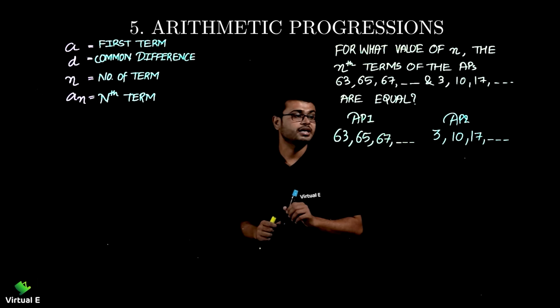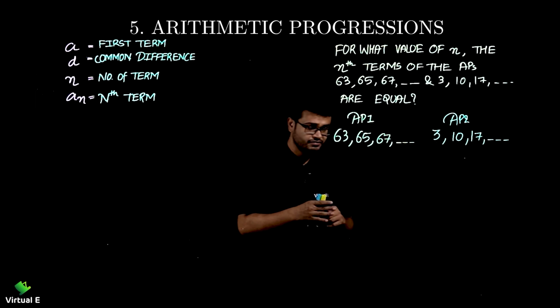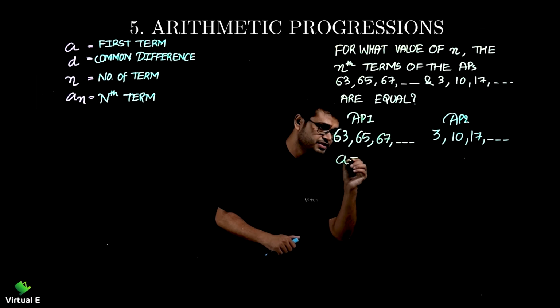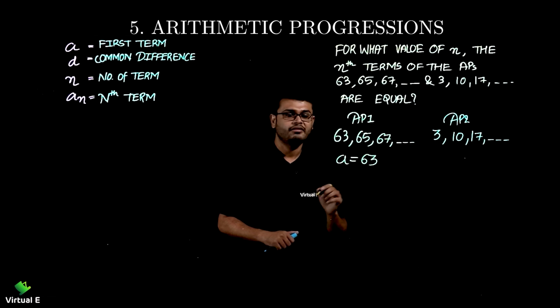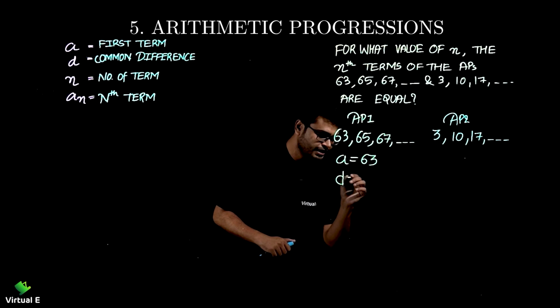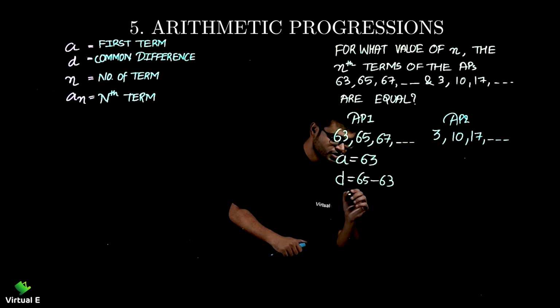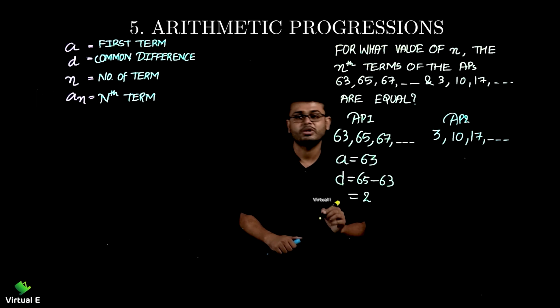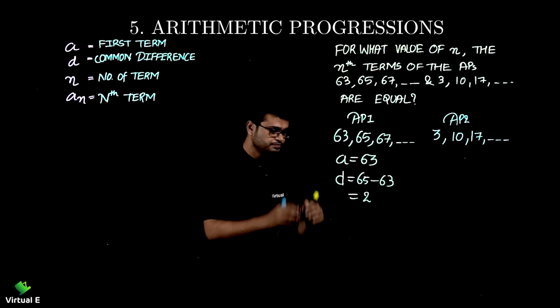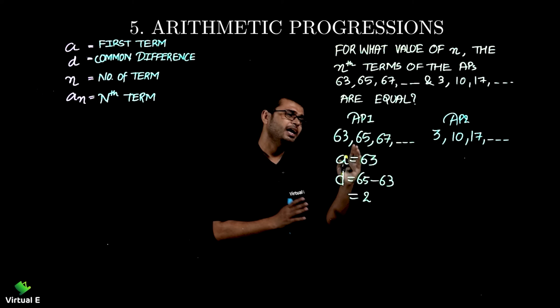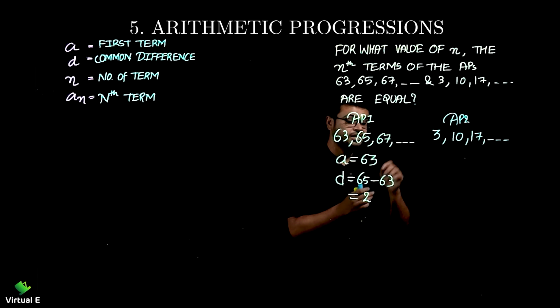So these are two APs. Now let's start with the value of a for AP1. Very simple, 63. Value of d, how shall we get it? It is 65 minus 63, so that will give you 2. So the common difference here is 2.